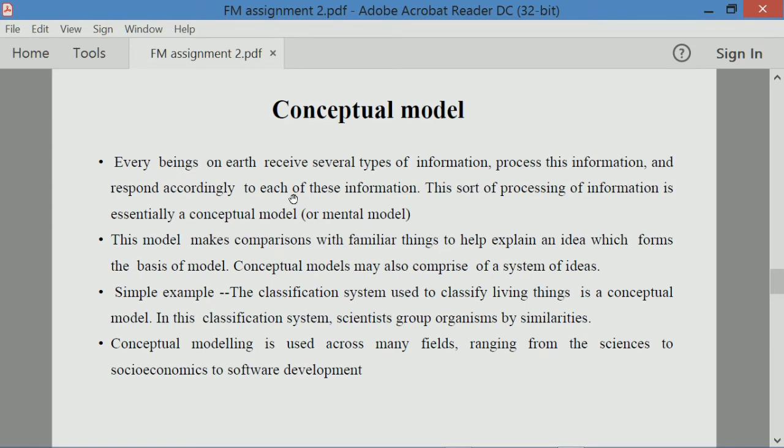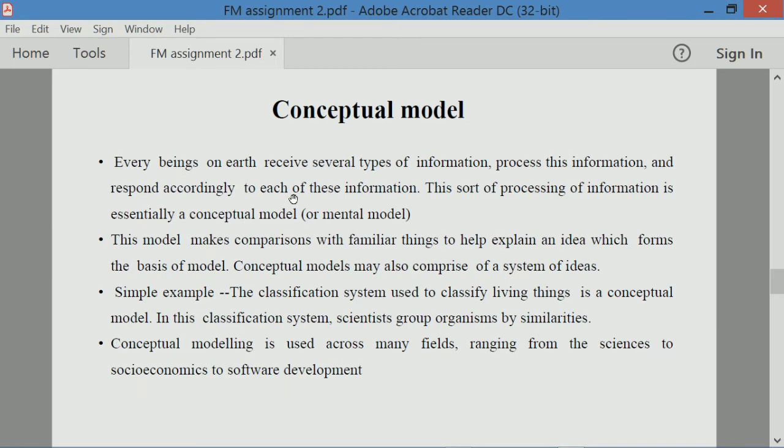In this classification system, scientists look at various similarities in organisms so they can study them. Likewise, various taxonomies are used after that classification, such as mammals, flying birds, and then aquatic animals.